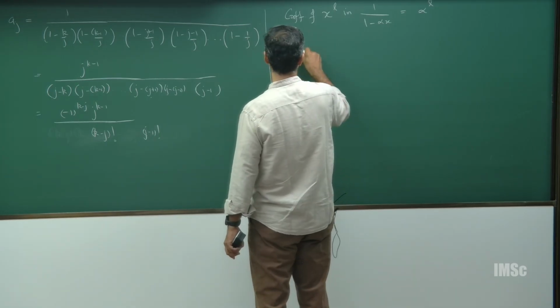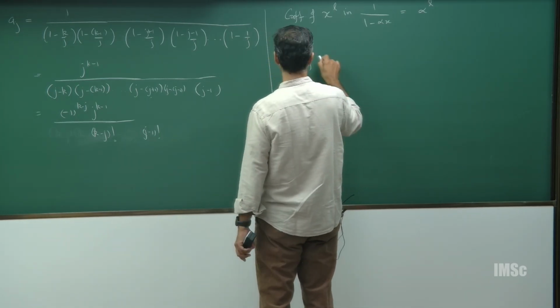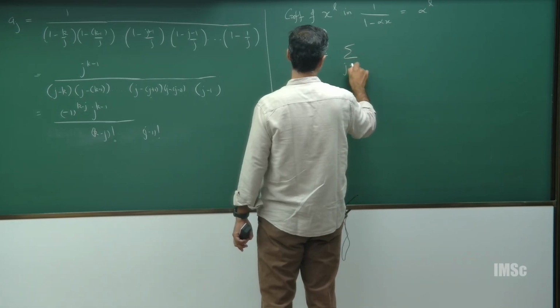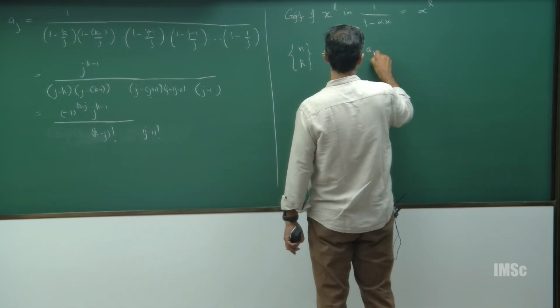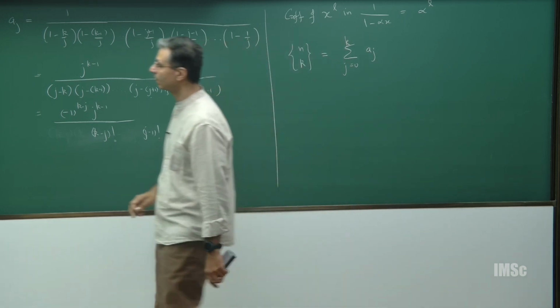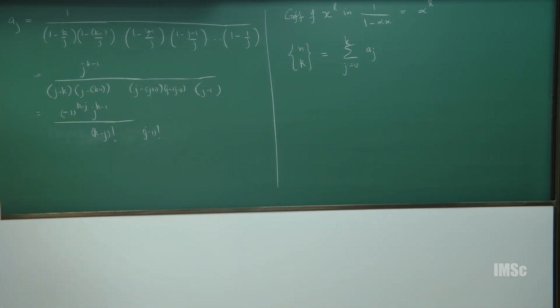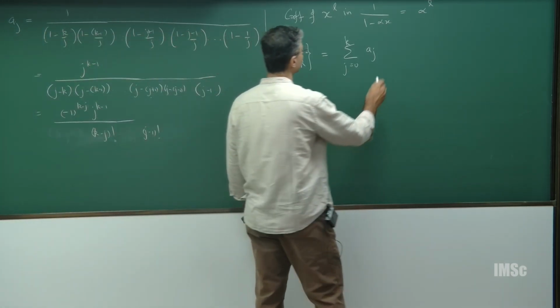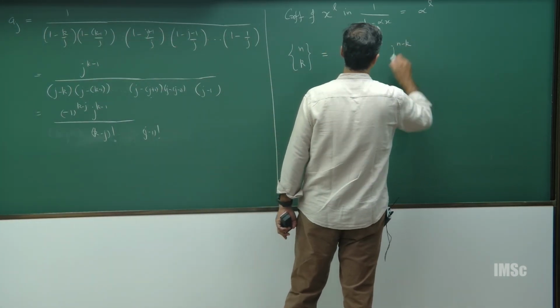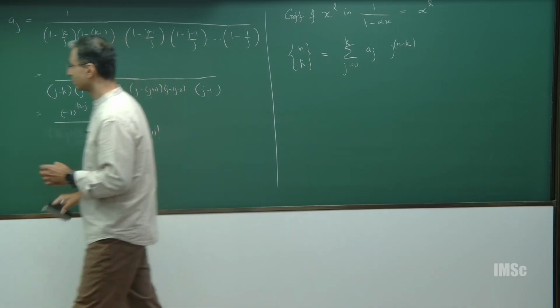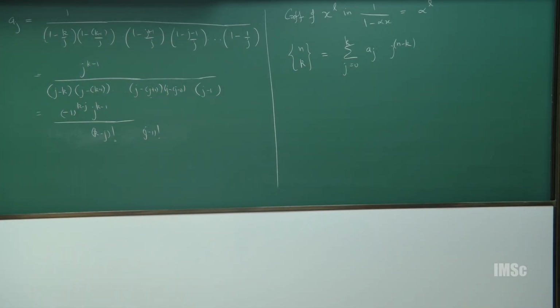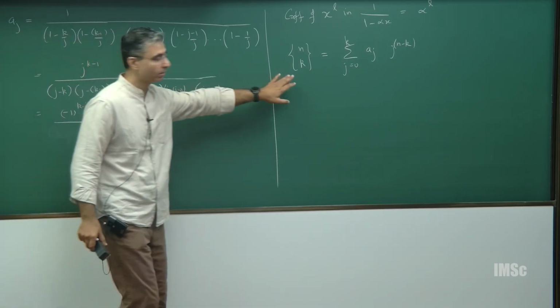So, by equating the coefficients, n curly k is the sum j from 0 to k a j, and so here the coefficient is j raised to n minus k. Okay. So, I am not sure how satisfied it is, but that is a formula for the number that we are looking for. Okay.